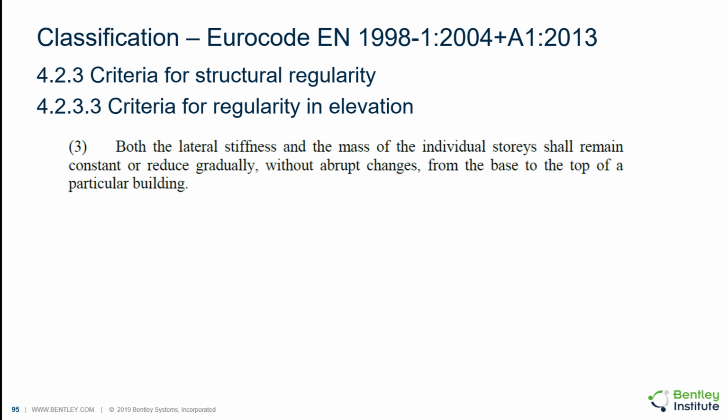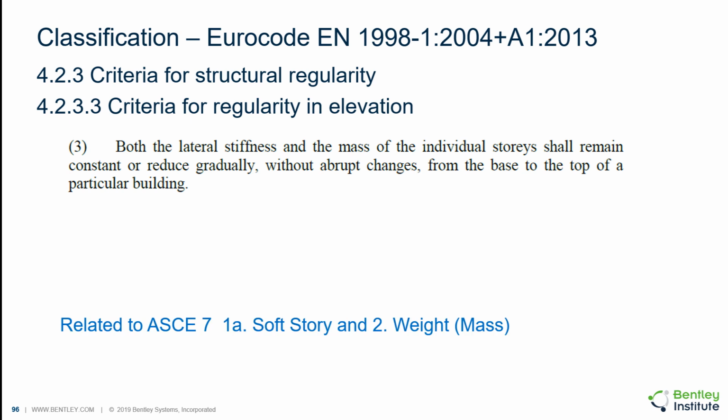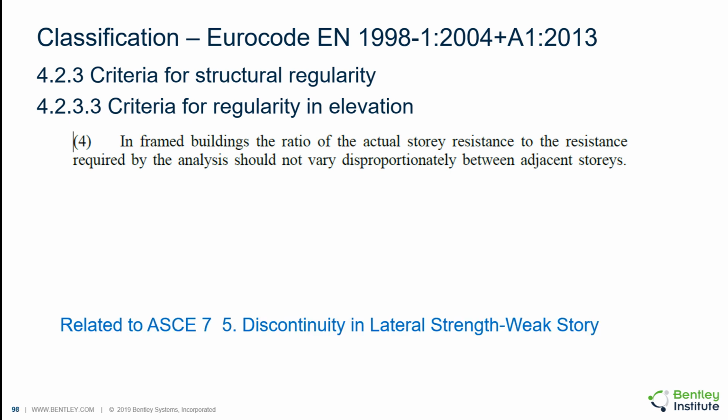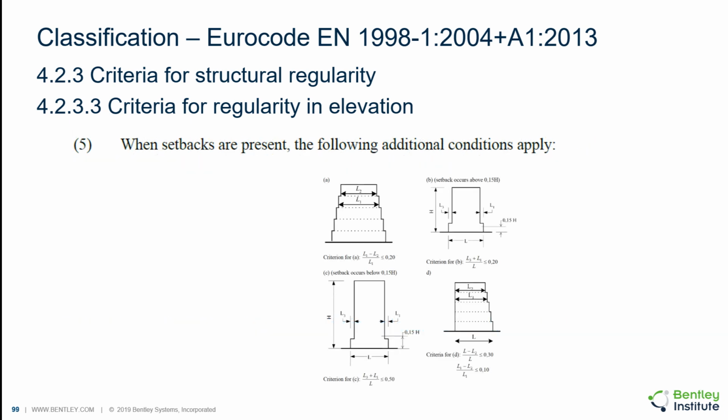Item 3 requires that there are no abrupt changes in mass or stiffness between stories. This is subjective, but related to ASCE 7 soft story and weight mass irregularities. Item 4 requires that there are no abrupt changes in the strength between stories. Again subjective, but related to ASCE 7 weak story. Item 5 shows the limits to the extents of setbacks.